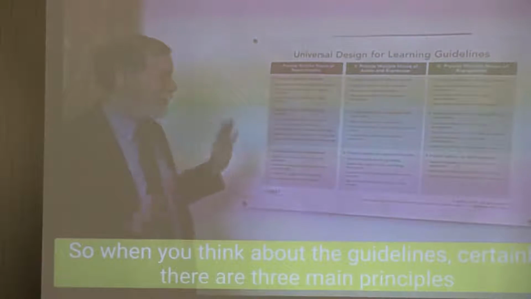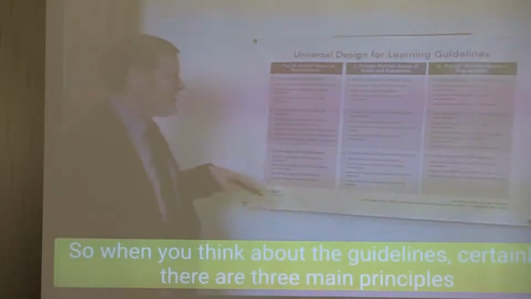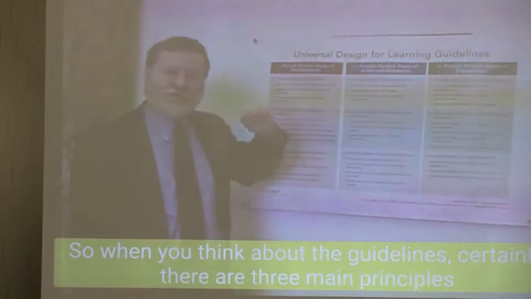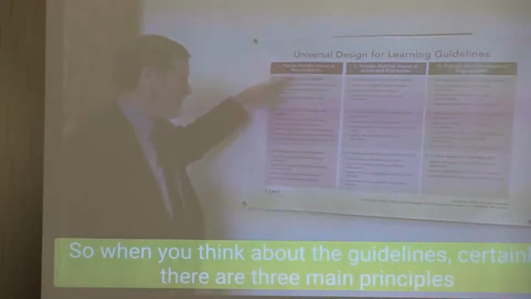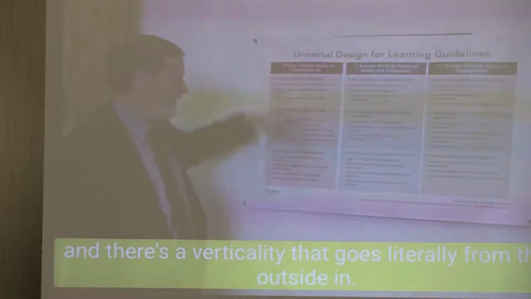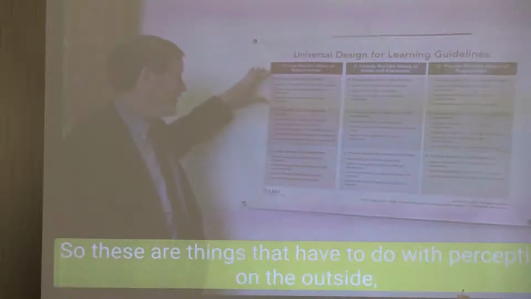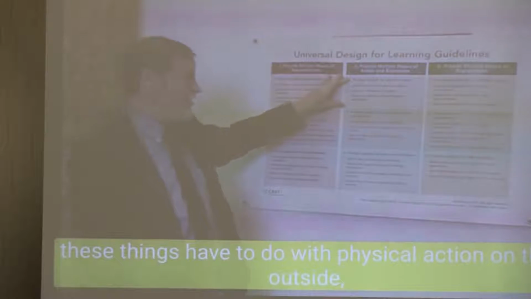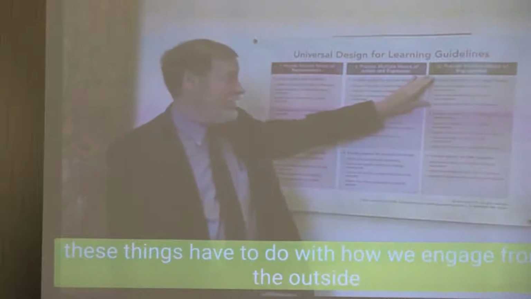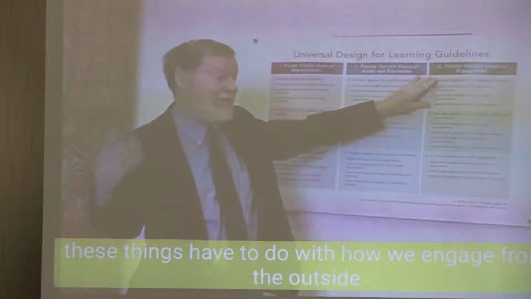So, when you think about the guidelines, certainly there are three main principles, and there's a verticality that goes literally from the outside in. So these are things that have to do with perception on the outside. These things have to do with physical action on the outside. These things have to do with how we engage from the outside.